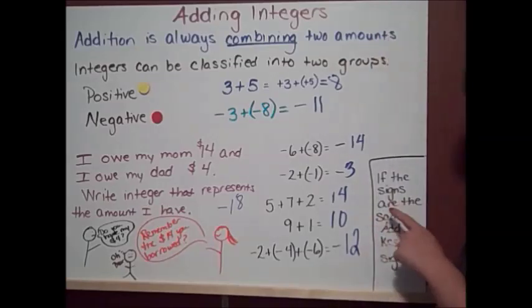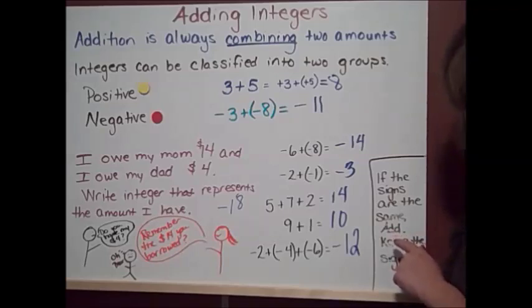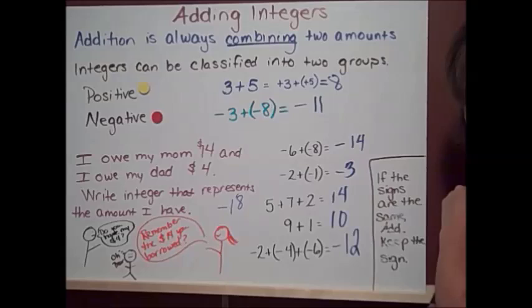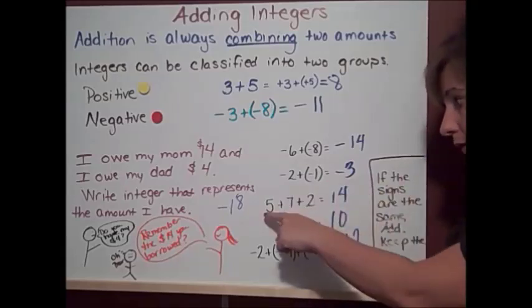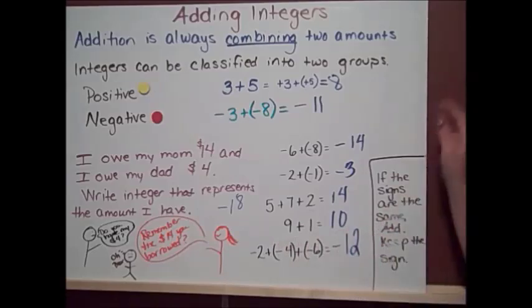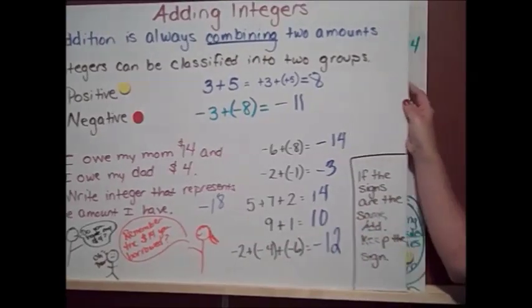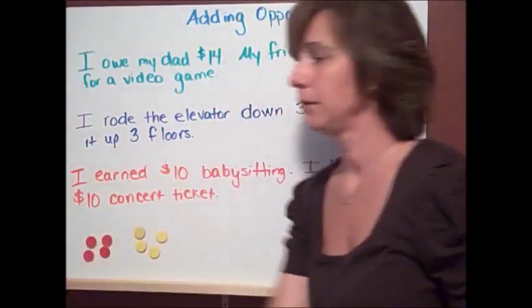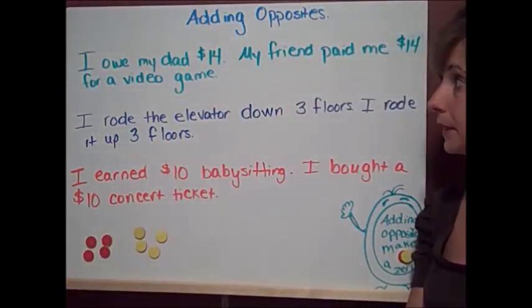And so if the signs are the same, we simply added and we kept the sign. All of these were negative, our answer was negative. A set of positives is positive. So, what do you do if the signs are different? What do you do if they are opposite?